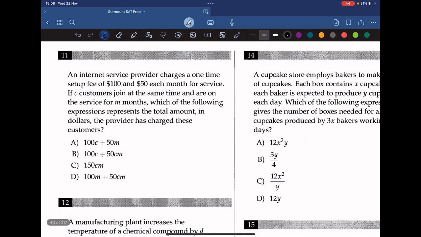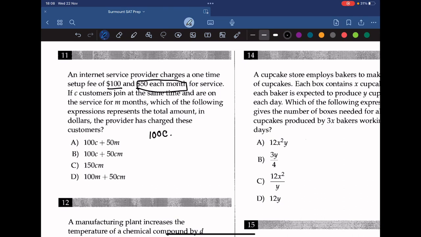Alright, an internet service provider charges a one-time setup fee of $100 and $50 each month of service. If C customers join at the same time and are on the service for M months, which of the following expressions represent the total amount in dollars the provider has charged these customers? So the setup fee is $100 for each customer, which amounts to 100C.